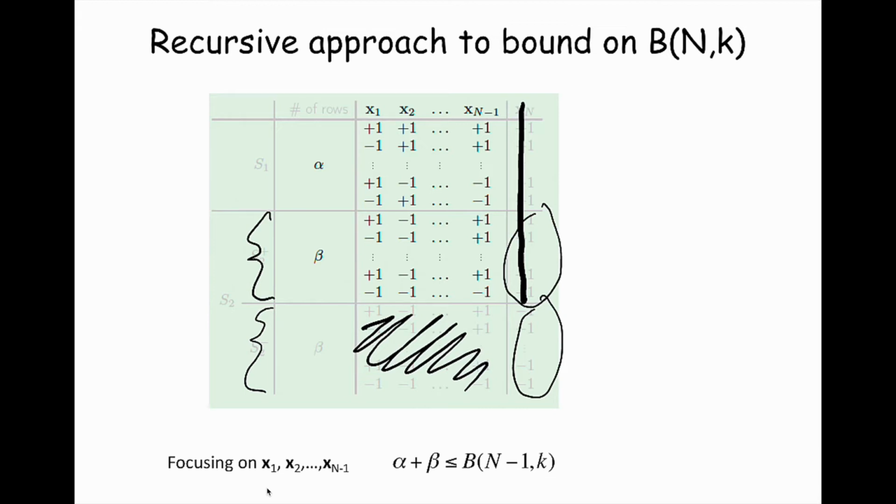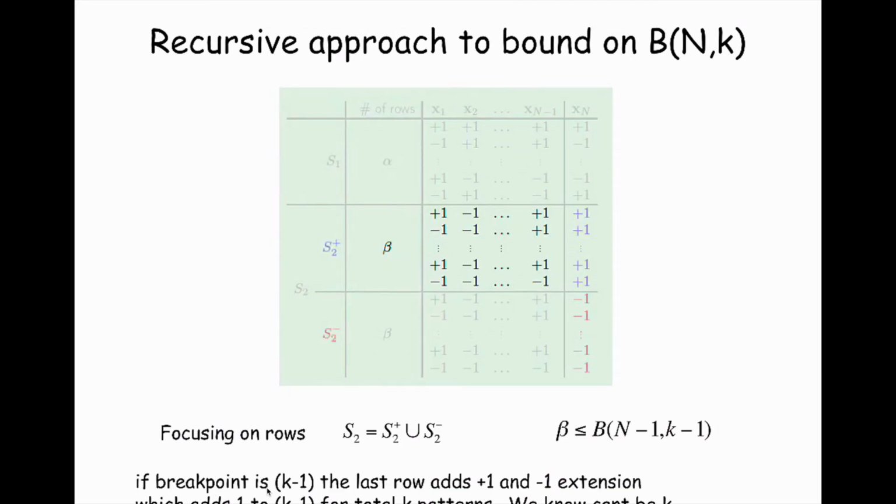And so alpha plus beta is going to be at most the maximum number of dichotomies that you can have for a data set of size n minus 1, because we've removed from consideration position n, but our breakpoint has not changed. So we know it's less than or equal to that, but we just don't know if it's very close to the bound for n minus 1 and k, or if it's a little bit further away. But we know it can be no bigger than the number of dichotomies, given a breakpoint of k, that you'd have with a data set of size n minus 1. Does that make sense?